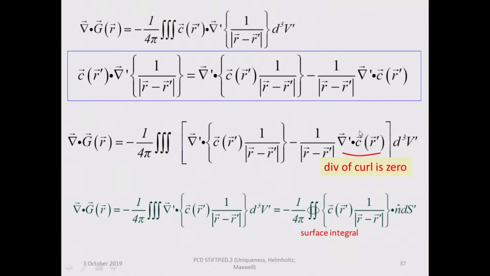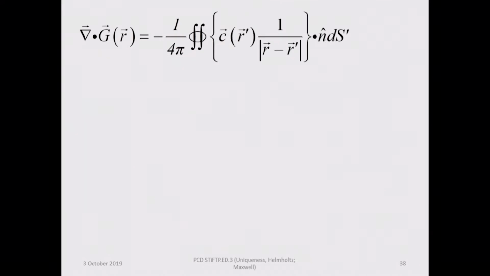Actually, there is a volume element over here d3v prime. So, this is common to both of these terms. So, this is the volume integral of the divergence, which you can now write as the surface integral over the surface which surrounds this region using the Gauss's divergence theorem. So, using that, we now have a simple expression.